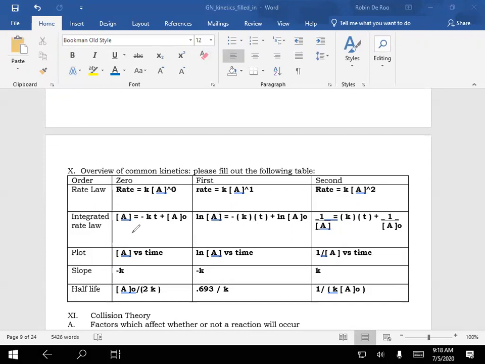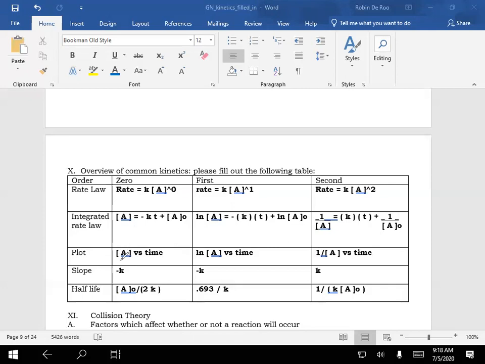This is in the form of the equation of y equals mx plus b. If we plot this as our y, and this is our x, we would get a straight line if it was 0 order. So what we're saying here is, let's say you have data. You plot the data in 3 different graphs.